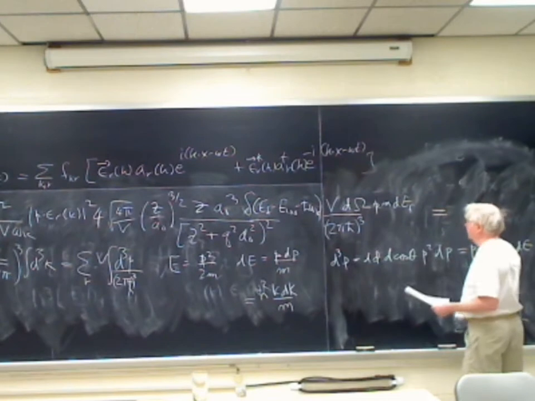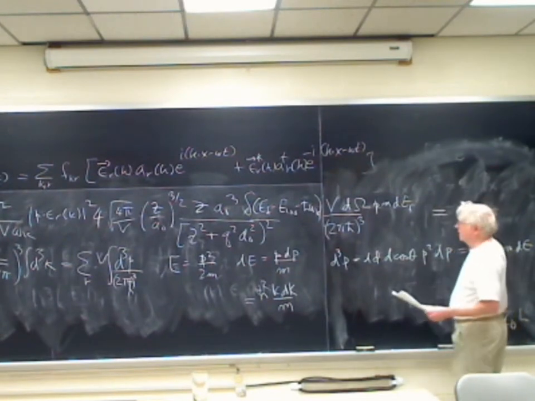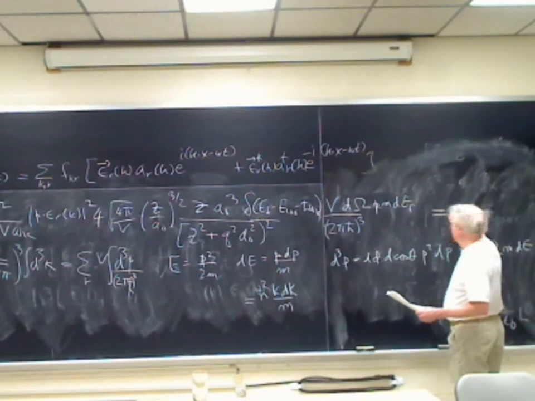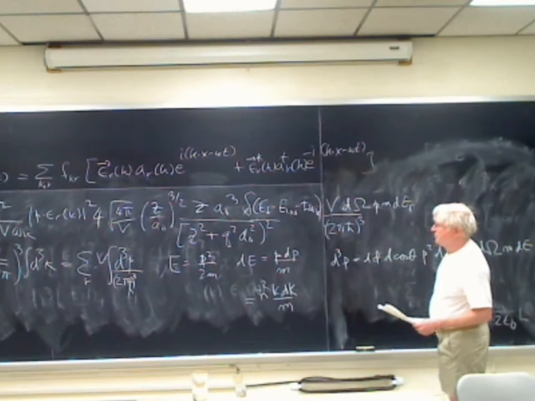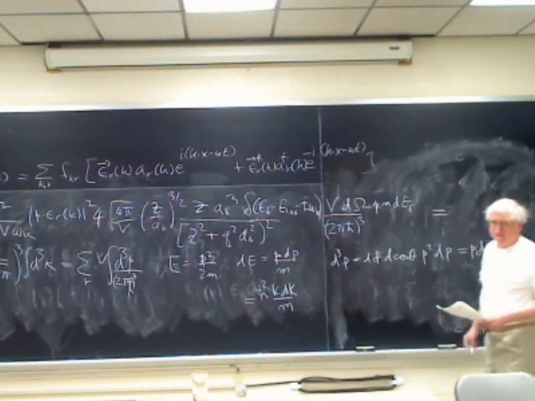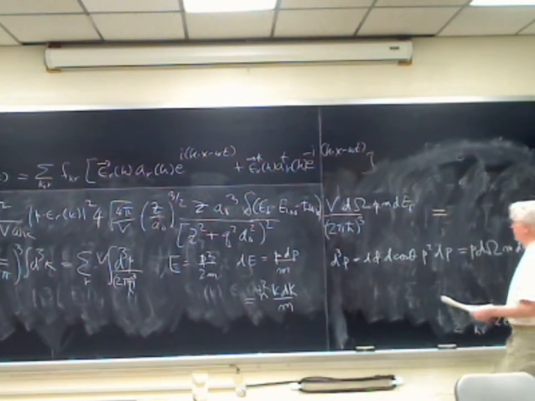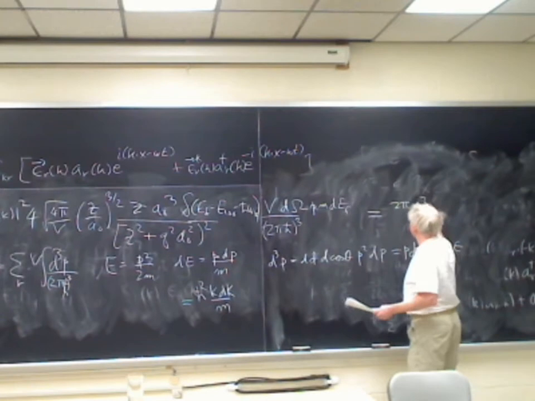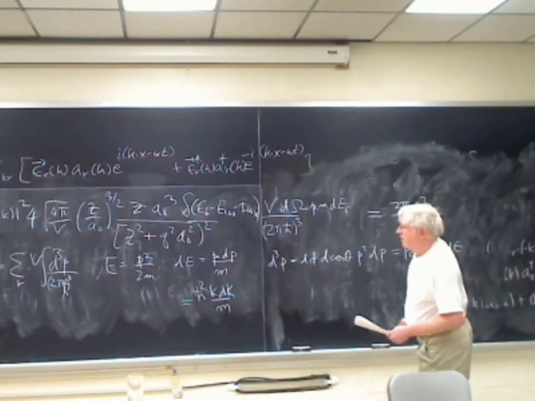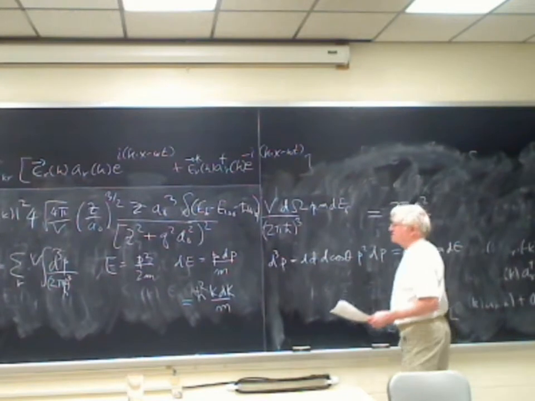We've got a sum over the polarizations, which is just going to give us a 2 for the polarizations of the electron, because the electron polarization vector didn't appear in any of this. So this is 2 pi q squared over m squared epsilon 0.